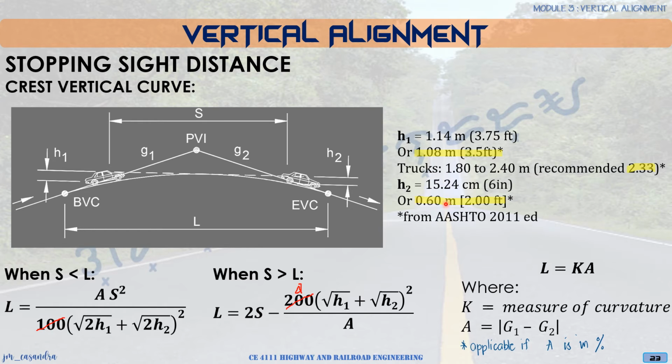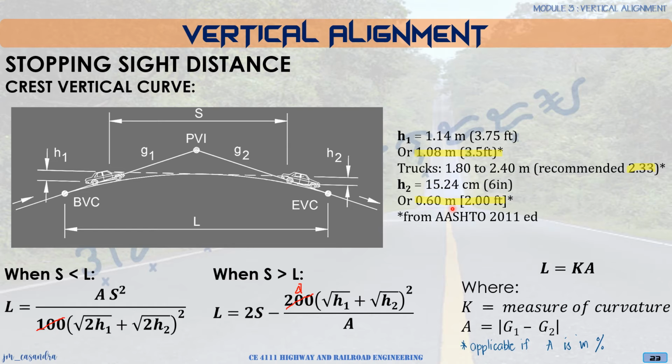So, lesser than this value, hindi siya masyadong prone sa accident. Yung talagang nakakapag-cause ng accident would be those at H2 equal to 0.6. That's why, from that study, they have concluded that the representative value of the smallest object that would introduce risk to drivers would be 0.6 meters.